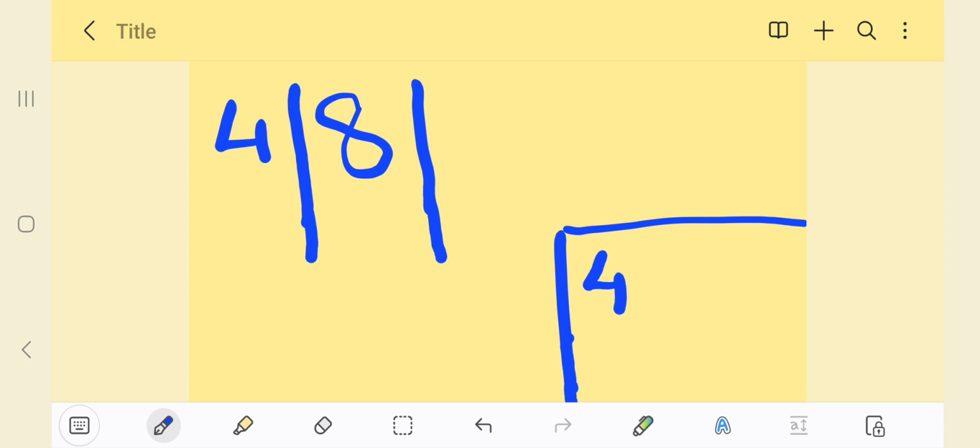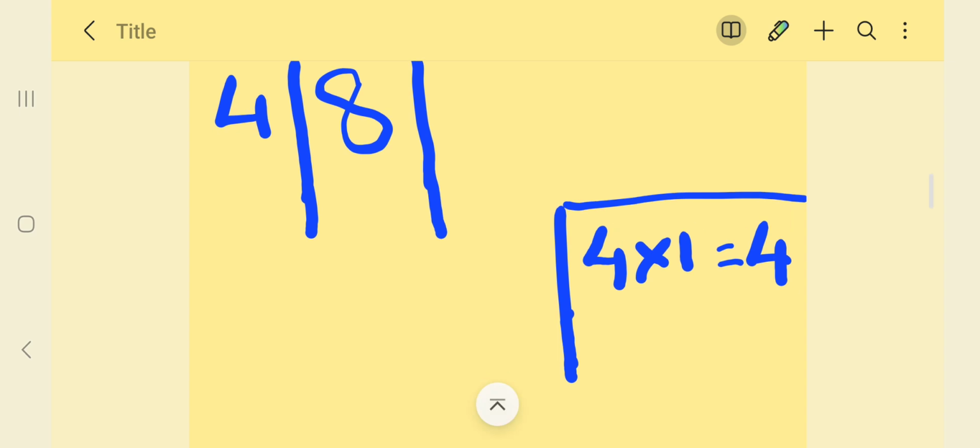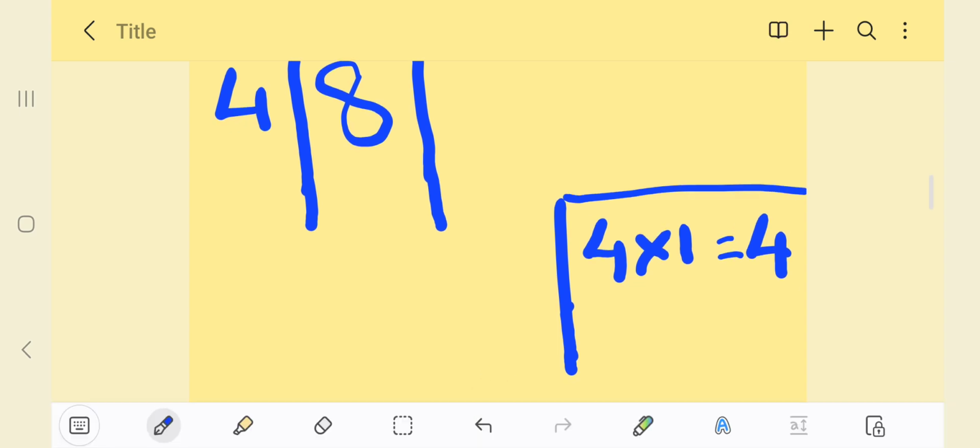So we know that 4 times 1 equals 4, and when we see the value here, 4 is smaller than 8, which is good, but we need to count more of the times table so that we can see how close we can go, because we need to go very close to 8 or equal to 8.